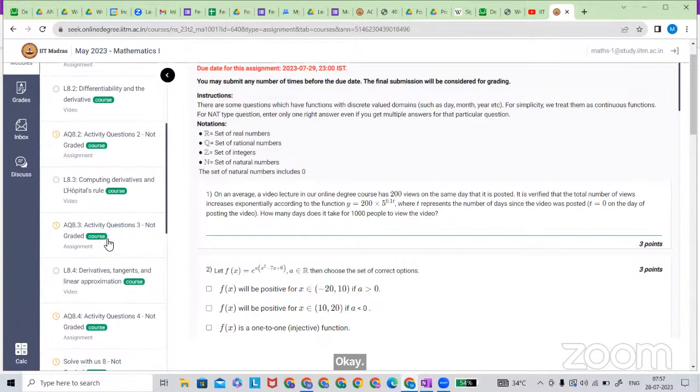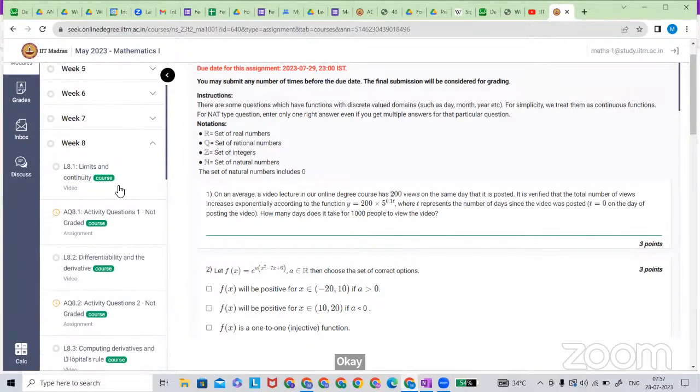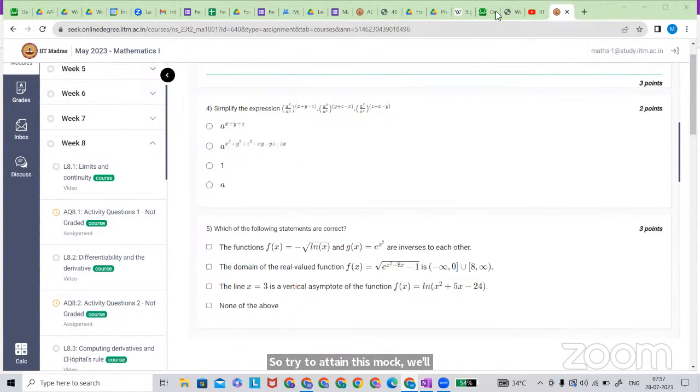The question may not occur, but at least you should know it. So try to attend this mock. We'll do the revision session.